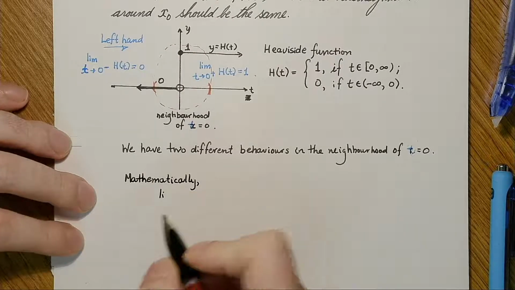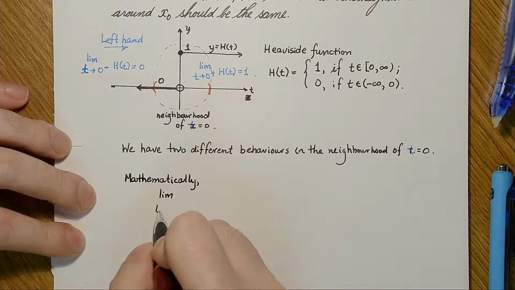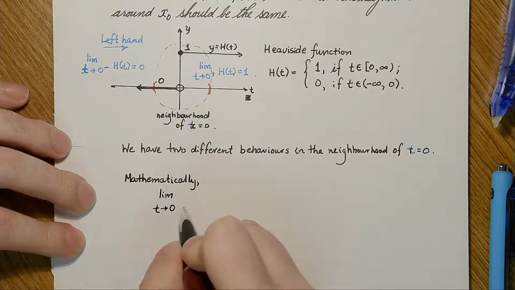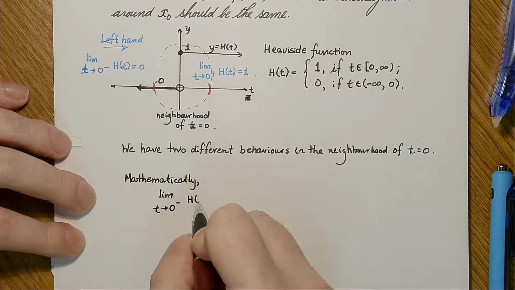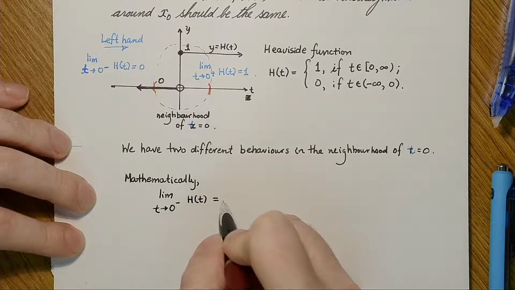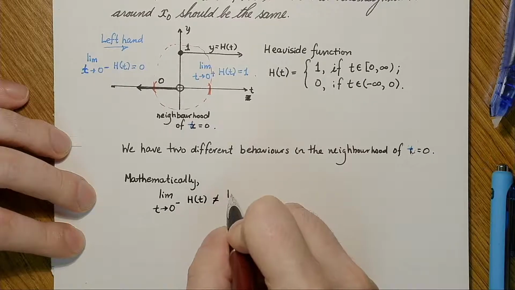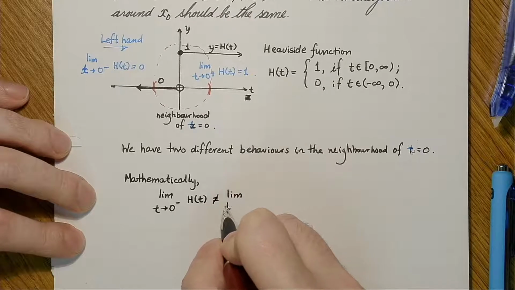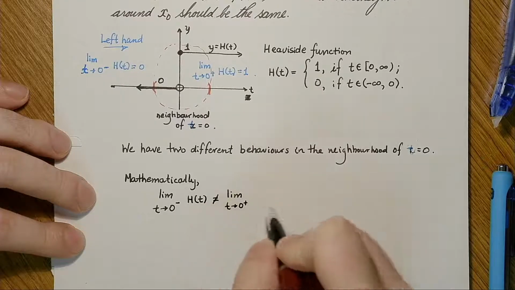The limit as t approaches from the left-hand side of the Heaviside function is not equal to the limit as t approaches from the right-hand side.